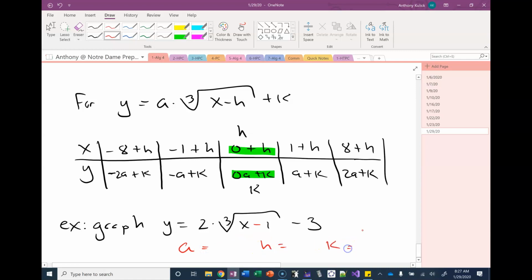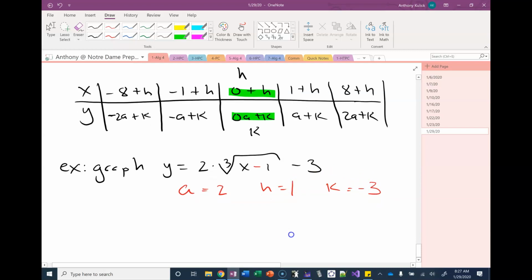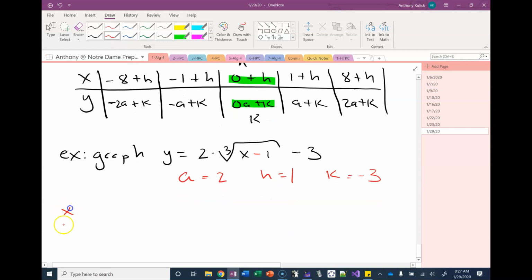So let's do an example. Let's say we want to graph y equals 2 times the cube root of x minus 1, minus 3. What's my value for a? 2. What's my value for h? Positive 1. And what's my value for k? Negative 3. So I'm going to make my xy table now using the formulas I have above.